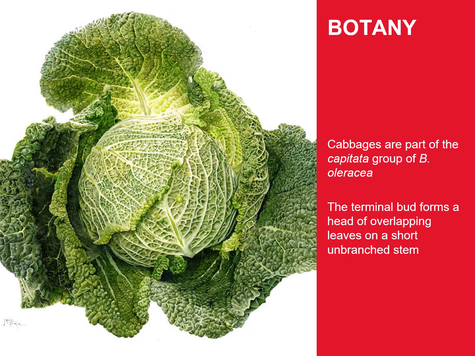So it refers to the shape of the structure which forms as part of the cabbage. So the terminal buds of the cabbage plant form a head of overlapping leaves on a short and unbranched stem. So the plants are quite squat and close to the ground during their developmental stage.